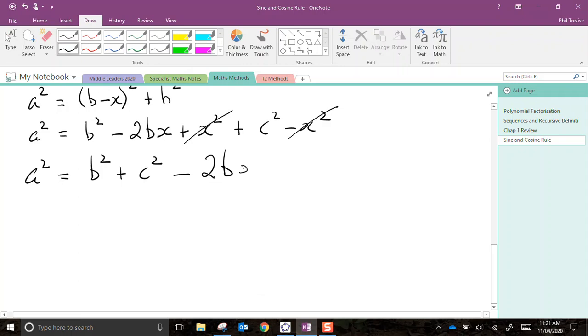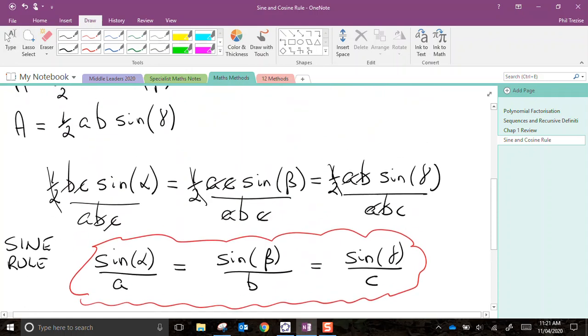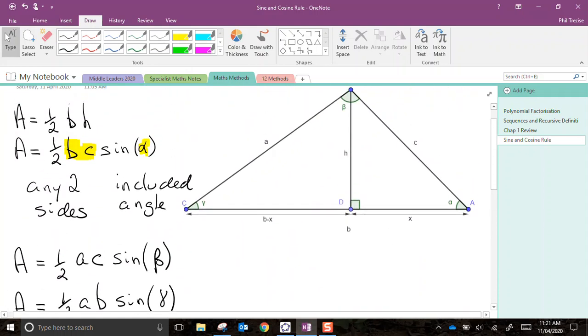Writing this once more, I've got b squared plus c squared minus 2 times b, and I still have this x sitting here. Let's go back and take a closer look at x. So x is the base of this smaller right triangle. I have angle alpha and I have hypotenuse c. So x is an adjacent side.